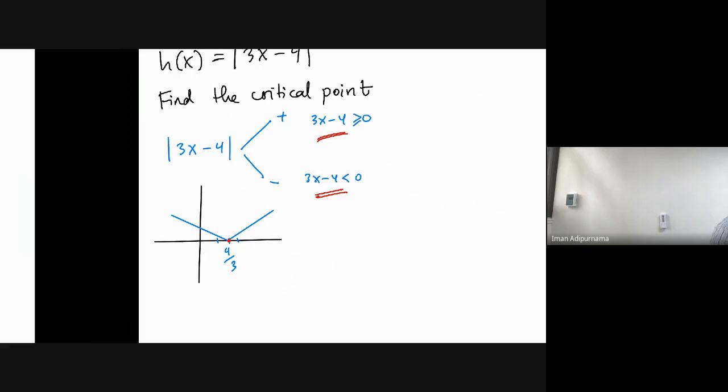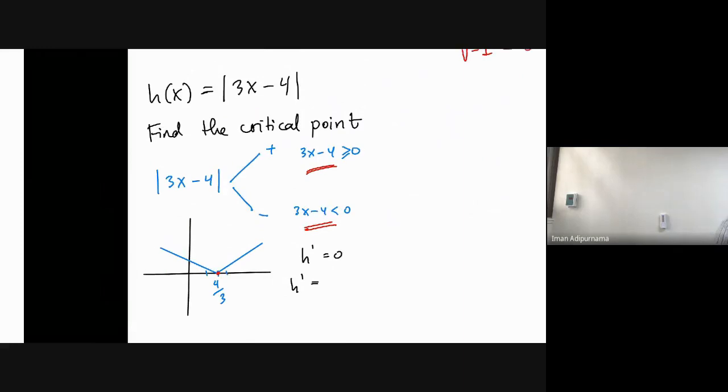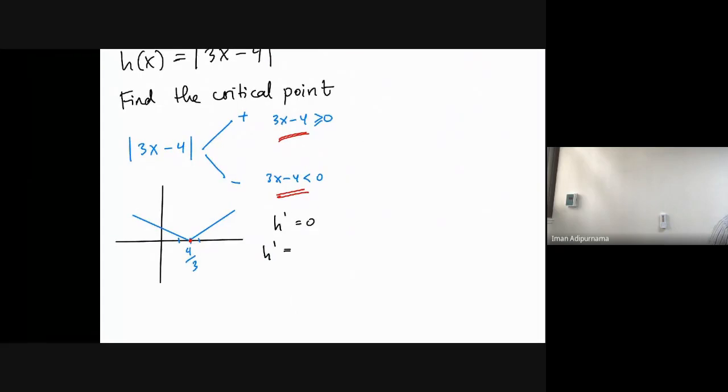Okay. So when you get these absolute functions and you try to derive, maybe you think, okay, I need to find h prime equals 0. But when you have the h prime from the absolute value of 3x minus 4, it's already a linear equation, right? So your h prime is just 3, where the 3 has a positive and a negative, right?